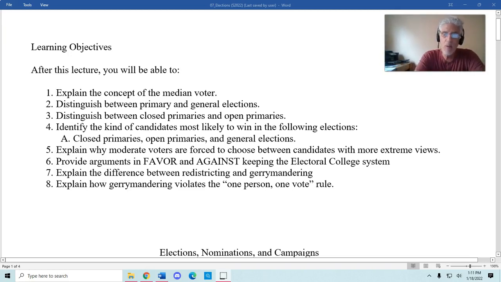And you'll be able to explain why moderate voters in the center of the ideological spectrum are forced to choose between candidates with more extreme views in the general election. Now, I'm going to say this now and I'll repeat it throughout this lecture.